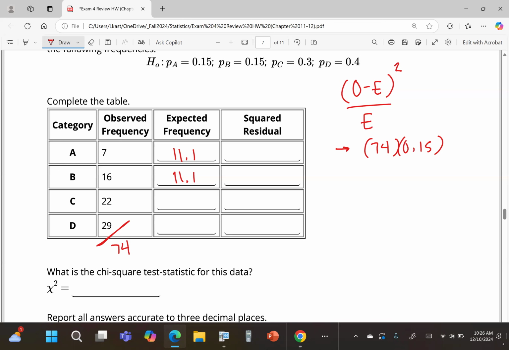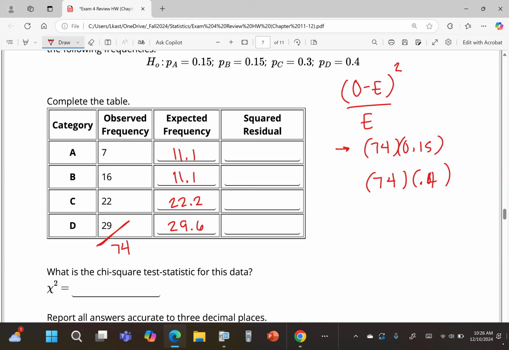And then what about category C? Is that 0.3? So that'd be twice as much, 22.2? And what's category D? 0.4? So 74 times 0.4, I get 29.6. Is that what you guys get?